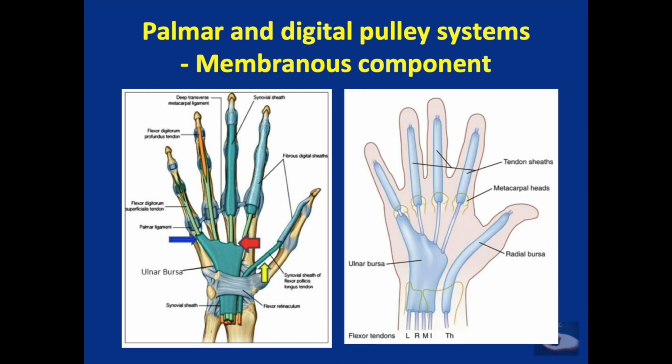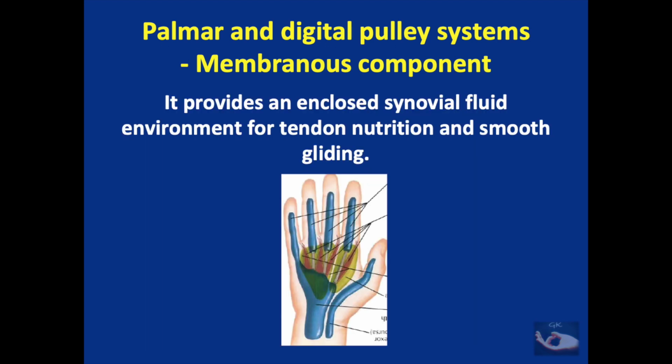This synovial sac from the little finger encompasses all the other flexor tendons at the level of the carpal tunnel. It is known as the ulnar bursa. The synovial sac from the thumb always stays separate, and it is called the radial bursa. This synovial membrane provides an enclosed synovial fluid environment for tendon nutrition and smooth gliding.